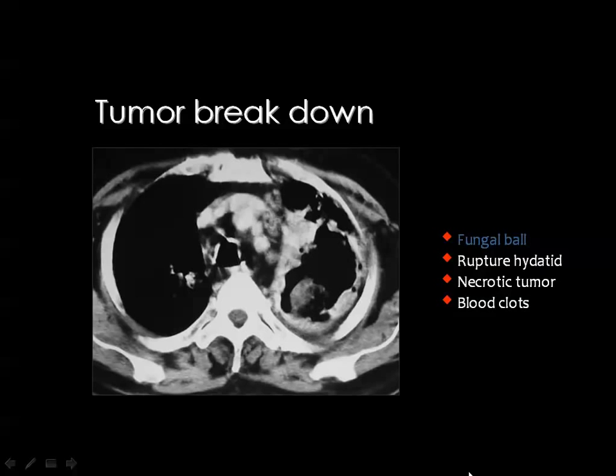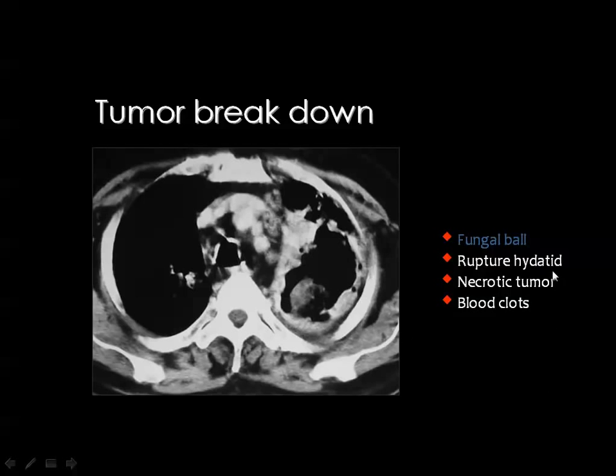The rest of the differential diagnosis of a cavity containing a ball are the ruptured hydatid cyst and blood clots. Actually, you cannot reach the diagnosis of blood clots from the films unless you have the MR examination, which sometimes provides a signal specific for blood.